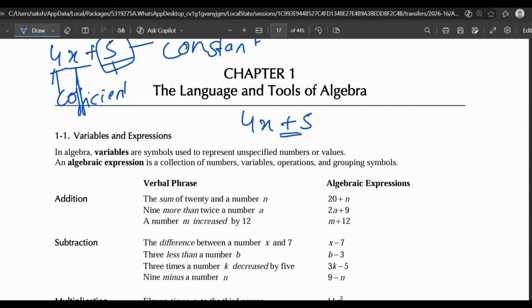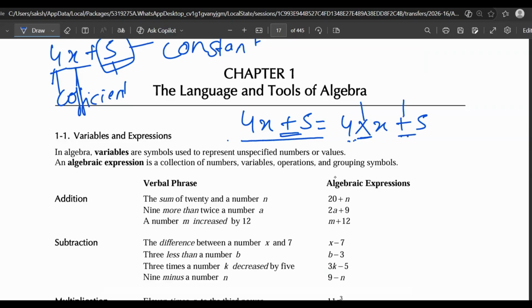If I want to expand this, I can write the same 4 times x plus 5, isn't it? There are 2 operations associated with this one, multiplication and addition.